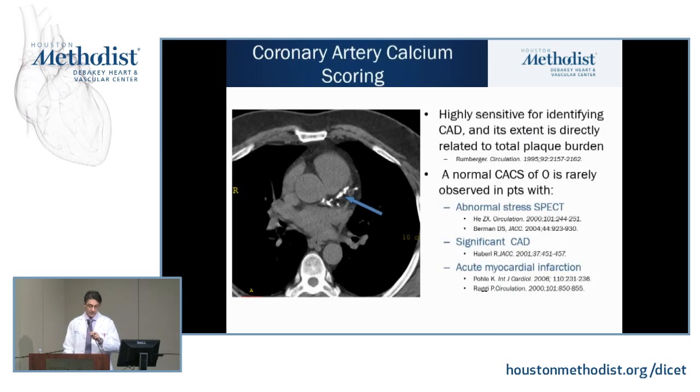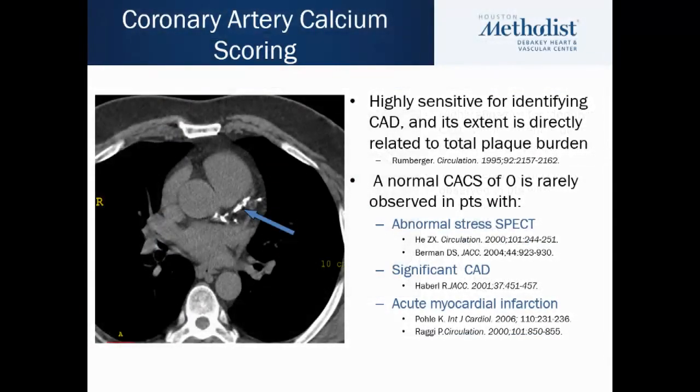And then finally, that brings us to calcium scoring. We know from a lot of data that calcium scoring is representative of total atherosclerotic plaque burden. And we also know the power of zero. The power of zero is that patients who have a calcium score of 0 do not have abnormal stress tests, they do not have significant CAD by angiography, and they do not suffer myocardial infarctions.